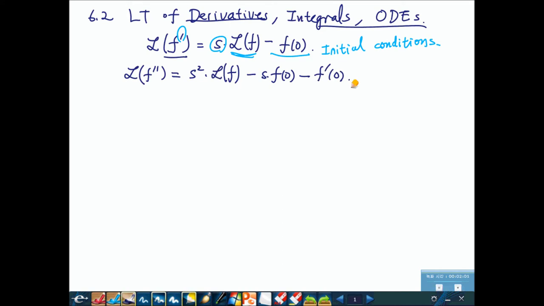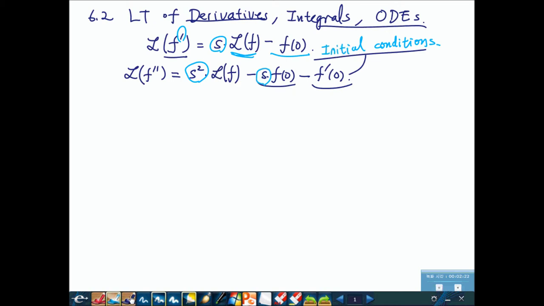If it's a second order, we have two initial conditions. This is velocity, this is displacement. And the order of s is decreasing like that.